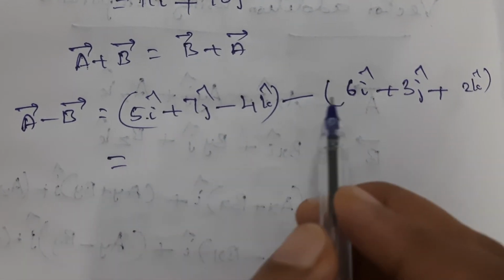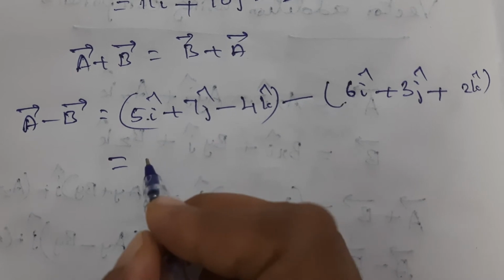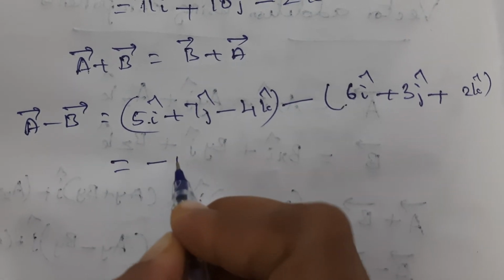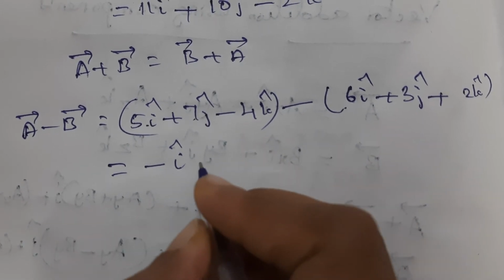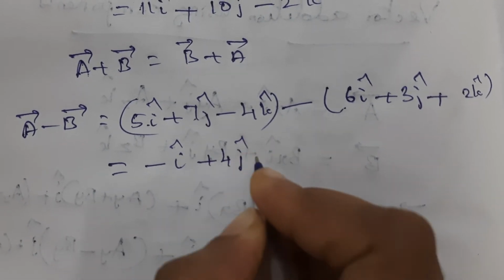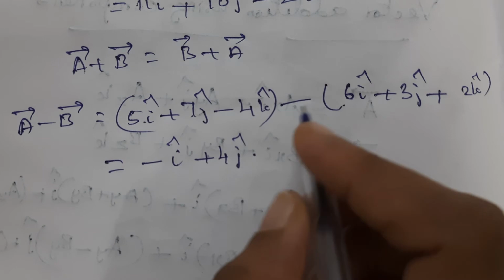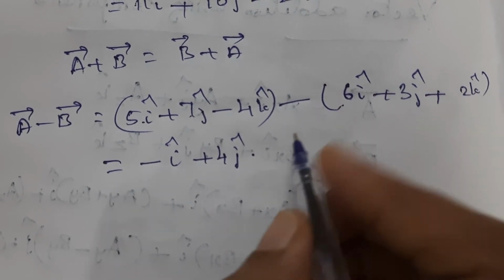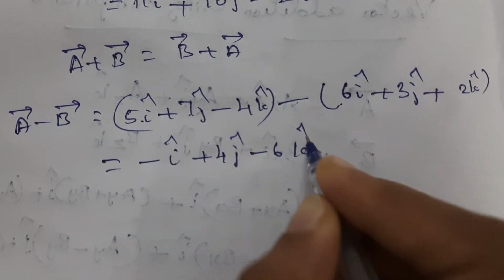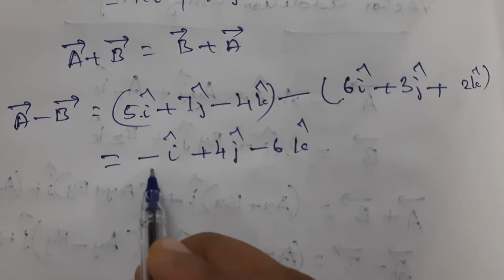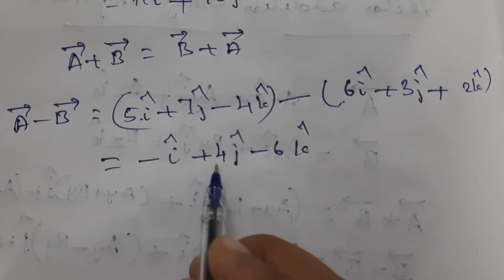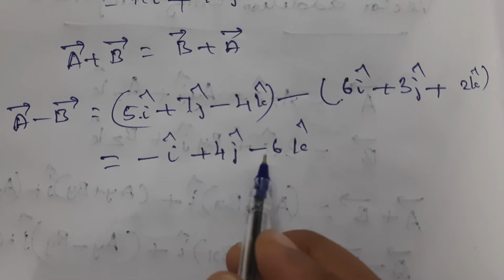So 5 minus 6, what is that? Minus 1, so minus i cap. 7 minus 3, 4, 4j cap. Minus 4 minus 2, minus 6k cap. So a minus b is minus i cap plus 4j cap minus 6k cap.